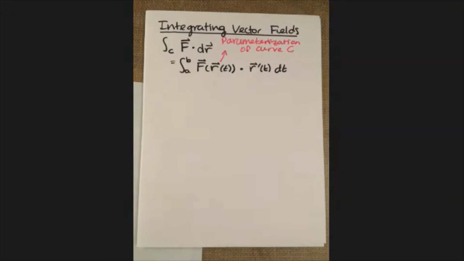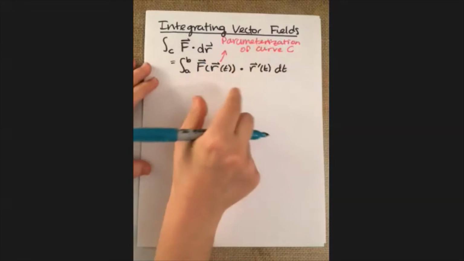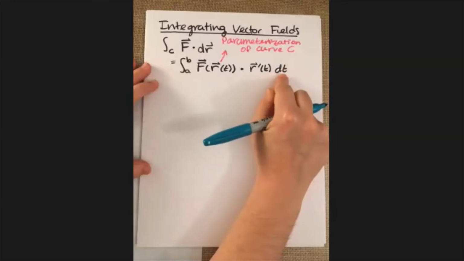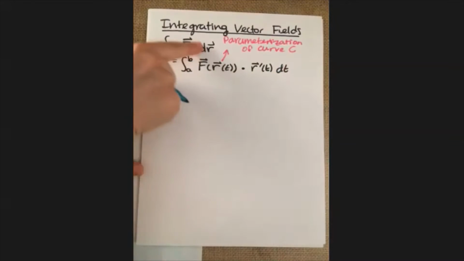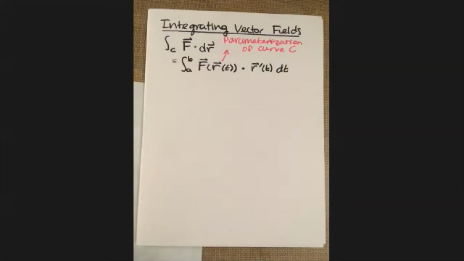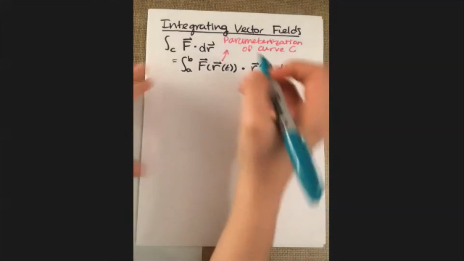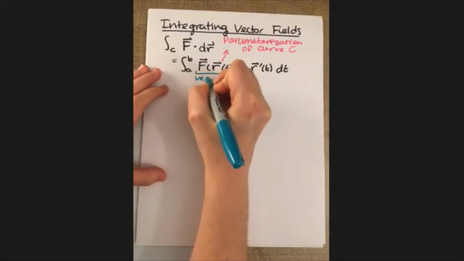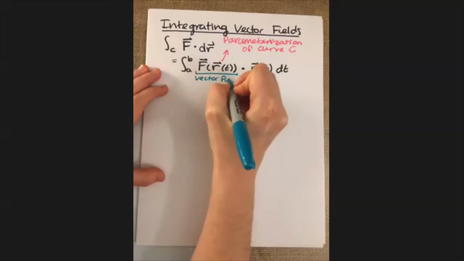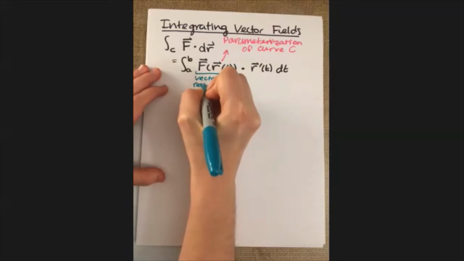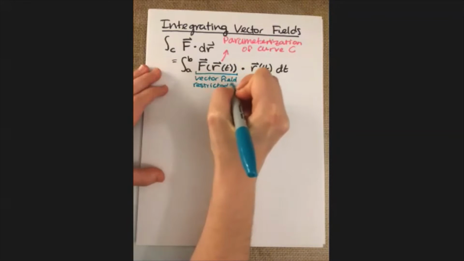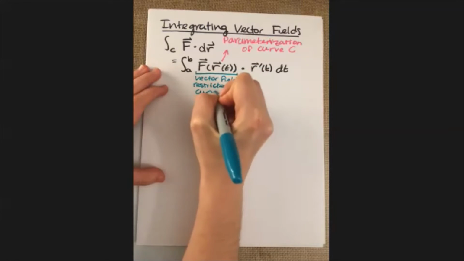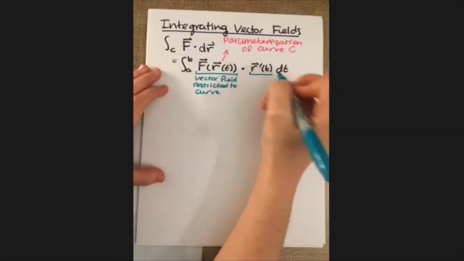And to interpret more intuitively what this integral tells us, we're chopping up our line into little pieces, which is what this dt and that dr kind of represent. And for each one of those little pieces, we're saying, okay, let's look at the vector field restricted to the curve, and see how this curve is changing.